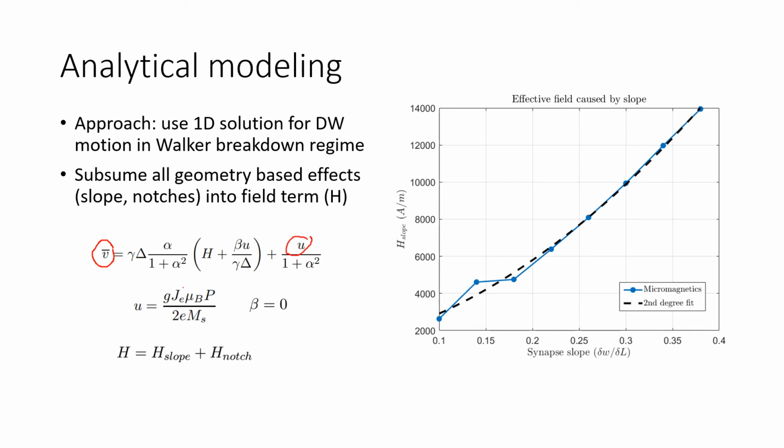And u is, in turn, linearly dependent on the current density that's passing through the device. And this v is also linearly dependent on h, which here I treat as an effective magnetic field due to the slope and also the notches.